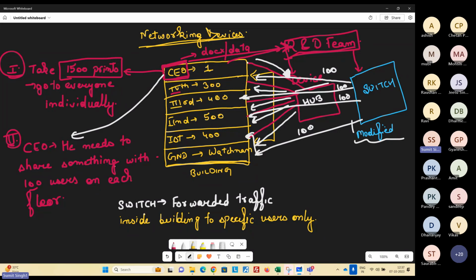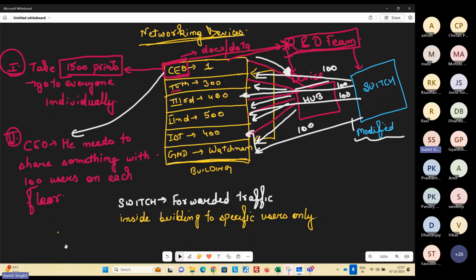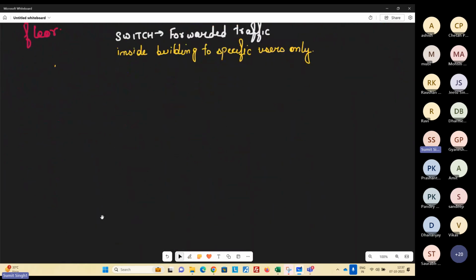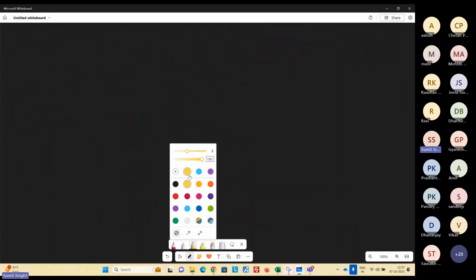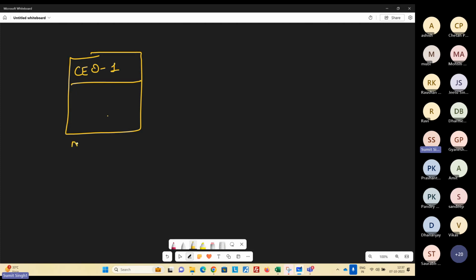Now, that CEO had a very innovative mind. He wasn't confined to only these two cost effective solutions. The CEO, who was sitting at the top floor of his building, has his office in Noida, let's say.